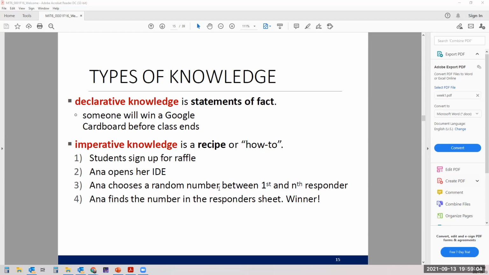Then we announce X as the winner of the Google Cardboard. So we have facts and we have imperative knowledge. The imperative knowledge is how to, and this is the programming. We have to instruct the computer how to arrive at or show us the result.